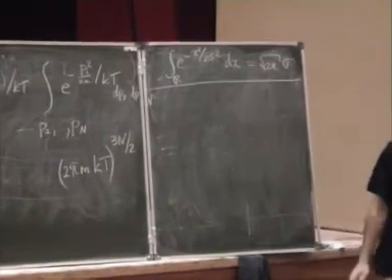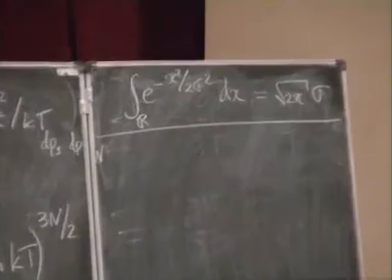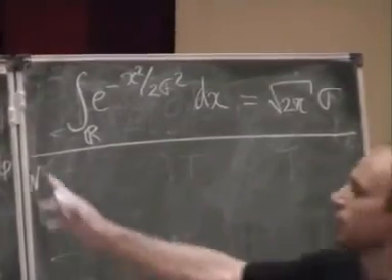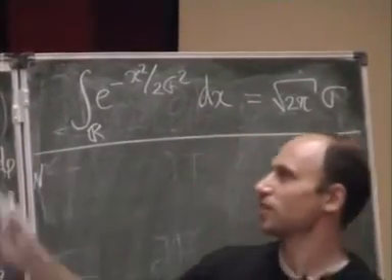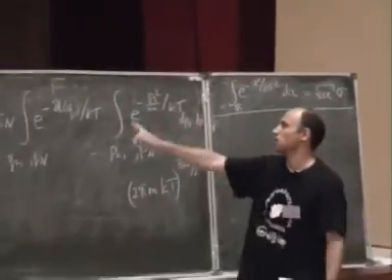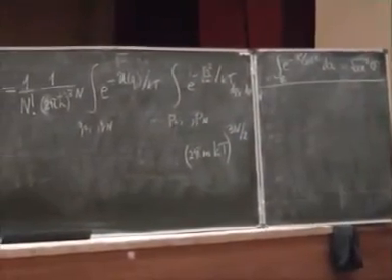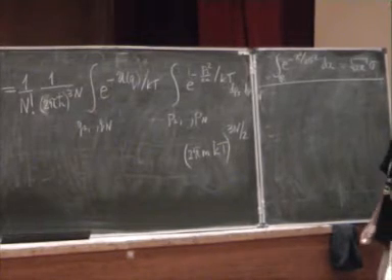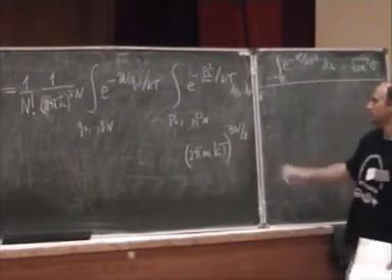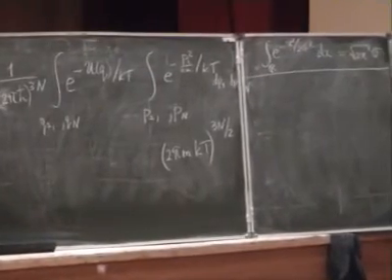This is the formula for the normal distribution with variance sigma. And this integral can be factorized over every coordinate, so it is just a product of 3n integrals like that. You compute each of them, you obtain every time the same answer. And so here is the final answer.